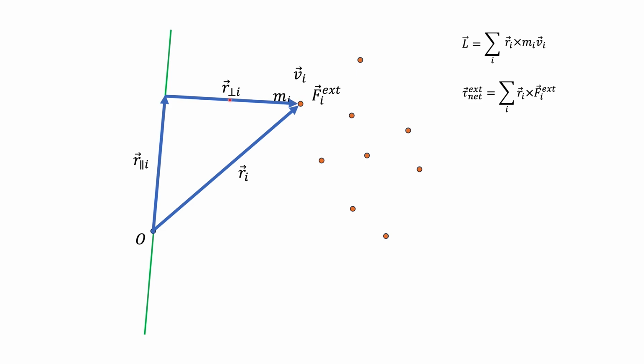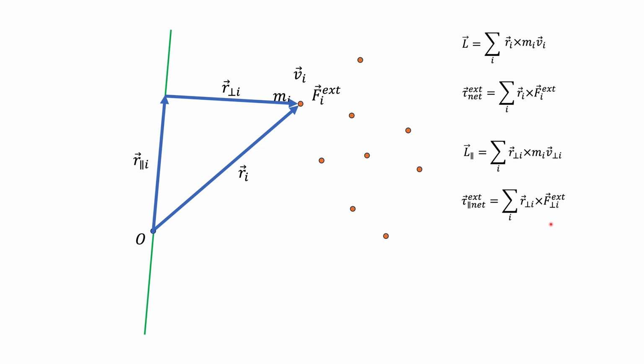We're going to do the same thing for velocity and the force. You're going to have a component parallel to the axis and perpendicular to the axis. And then we're going to calculate angular momentum and torque using the perpendicular components of position vector, velocity, and the external force.